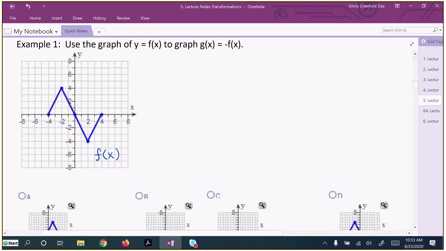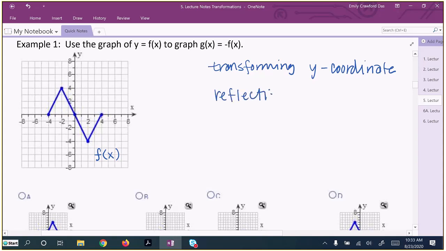So this appears to be transforming the y-coordinate because I have a number multiplied with f of x, which is the y-coordinate, and because the number is -1, I know that this is reflection across the x-axis. And reflection across the x-axis does change the y-coordinates.